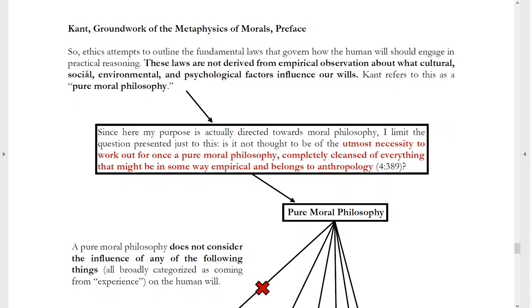So, for instance, for Kant, it would be ridiculous to say, well, historically, this is what my religious community, my social community, my peer group has always believed is the right thing to do. Therefore, this in fact is the right thing to do.